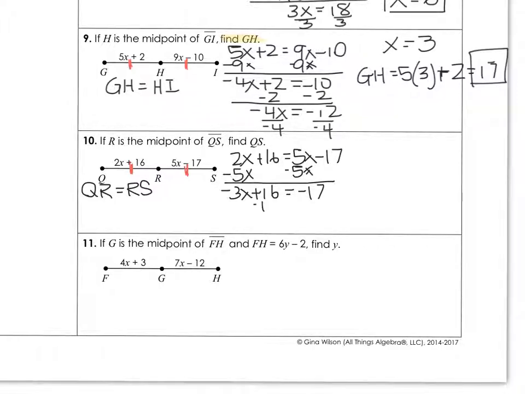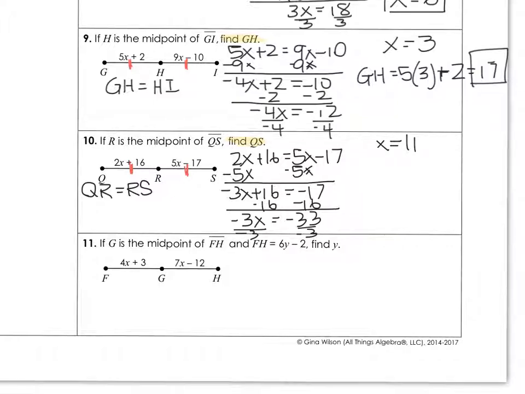Subtract 16. Divide by negative 3. But this time, what's it want me to find? This time it wants me to find QS.